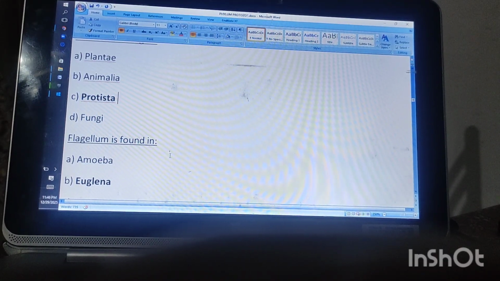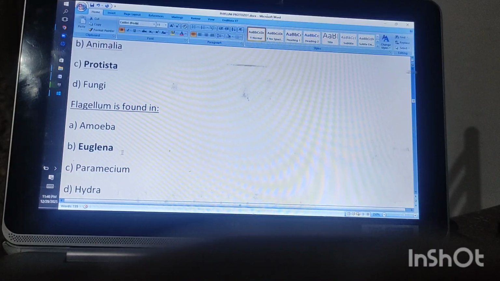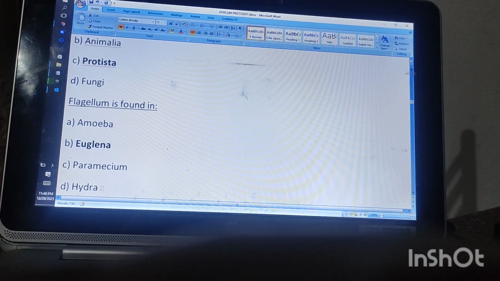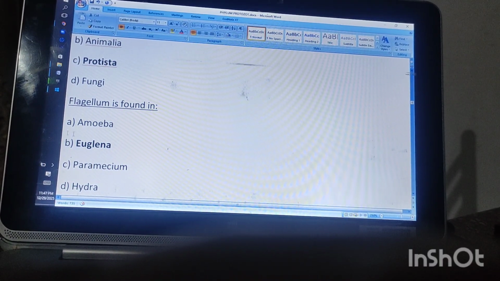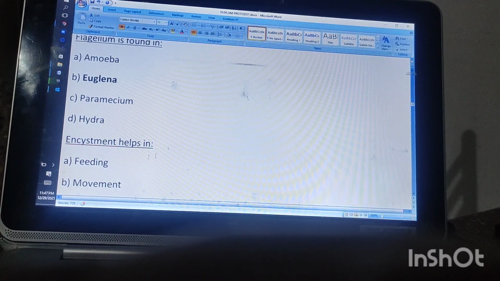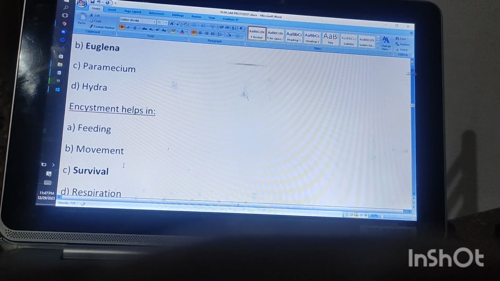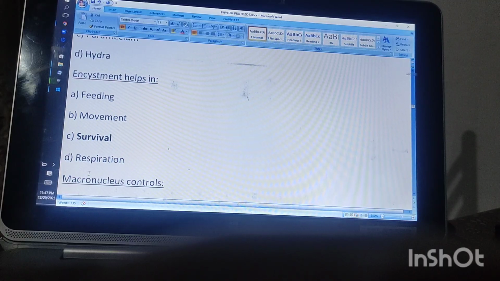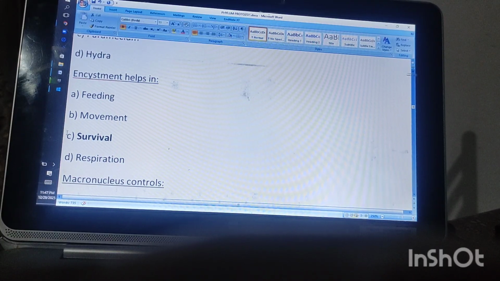Flagellum is found in amoeba, euglena, paramecium, hydra. Correct one is euglena. Encystment helps in feeding, movement, survival, and respiration. Correct one is survival.